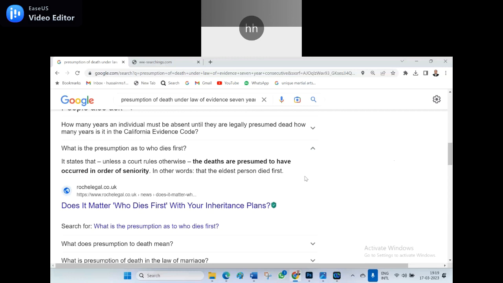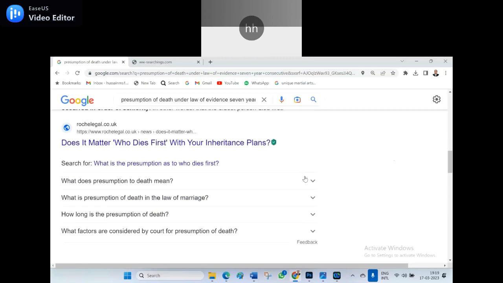Suppose both are of the same age, both are twins. Then who is born first is elder, who is born later is younger. Am I right? Yes, sir. So that is another presumption we can make out.